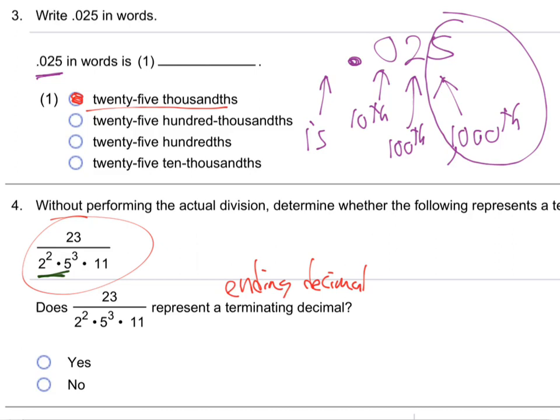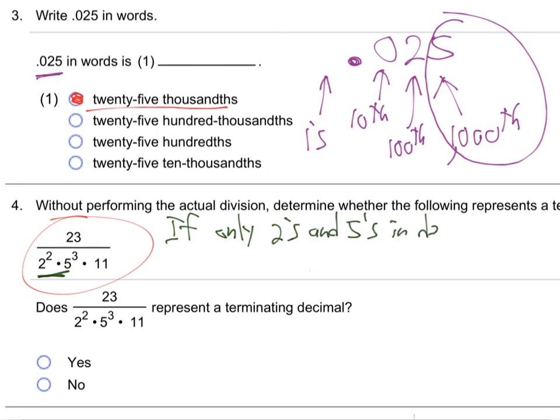So in other words, here's the simple rule, and then I'll try to give you reasons for it. If only 2s and 5s are in the denominator, then the decimal will end.